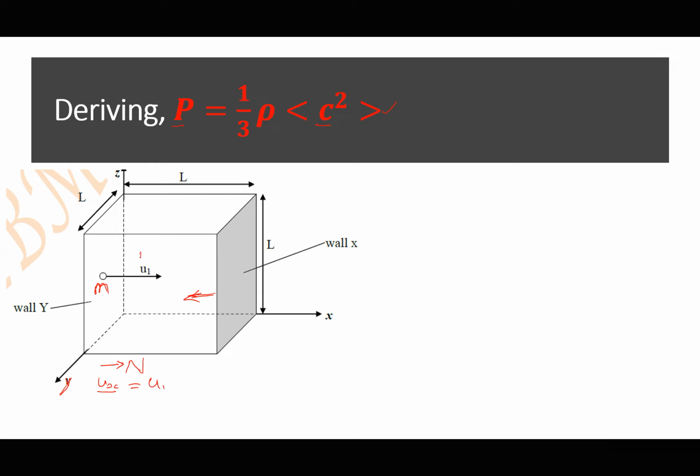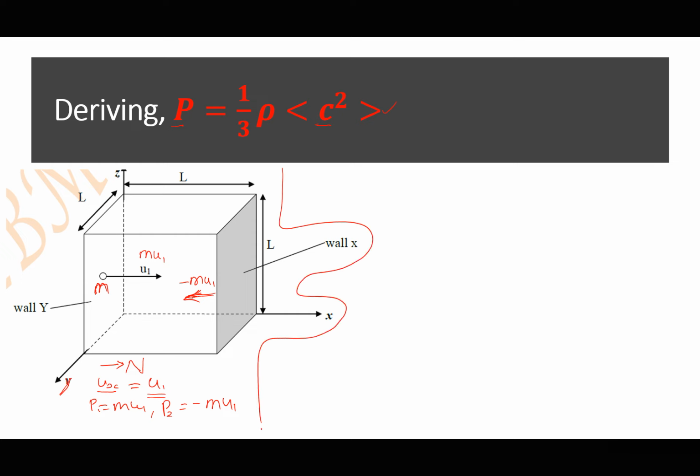Here it had the momentum m u1 because the x component of the speed was u1. If the collision is perfectly elastic, then it will rebound, and the momentum will be m u1 in the opposite direction. The negative is showing that now the momentum is in the opposite direction. So initial momentum is m u1. After colliding, the momentum p2 is going to be negative m u1 because the collision is perfectly elastic.